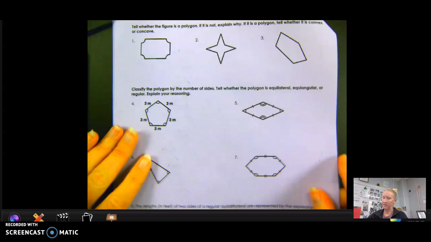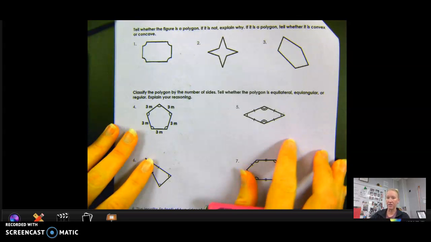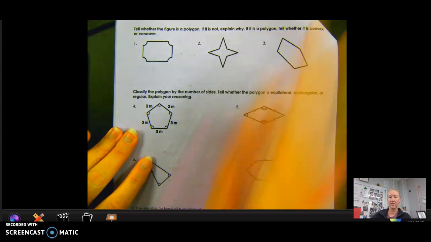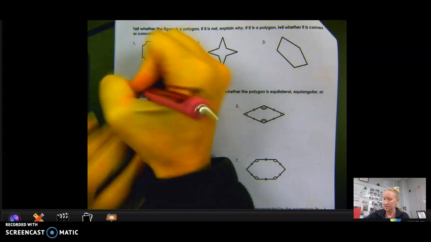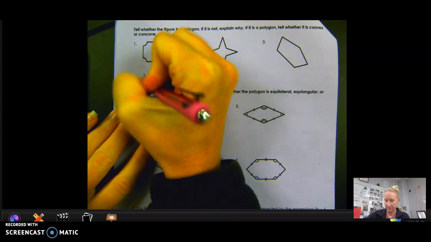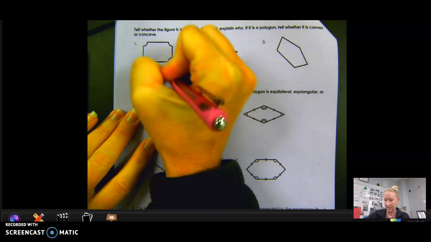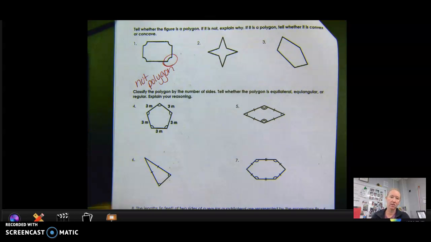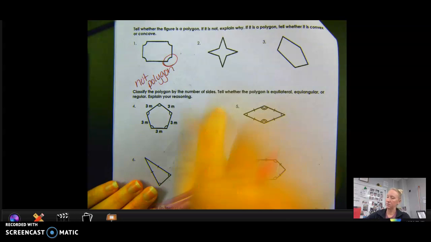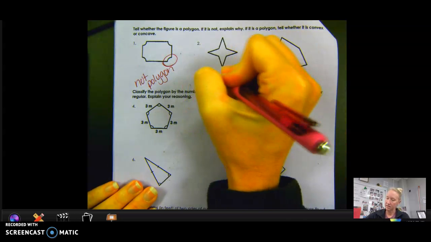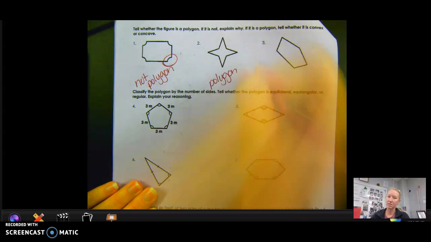All right, tell whether the figure is a polygon, and if not, explain why, and if it is, tell whether it's convex or concave. So this one's not a polygon. The reason is because of our circular sides here. This one is, yes, a polygon. And then I have to decide if it's convex or concave.